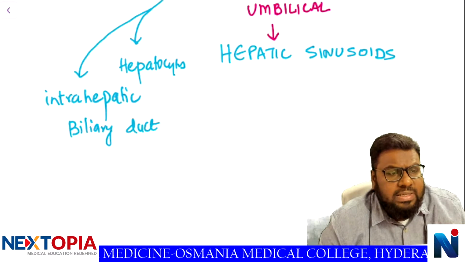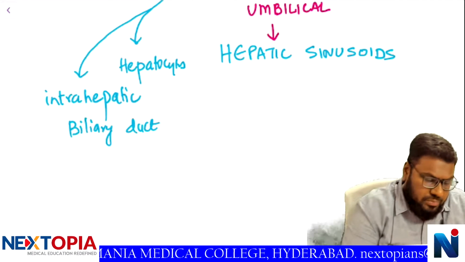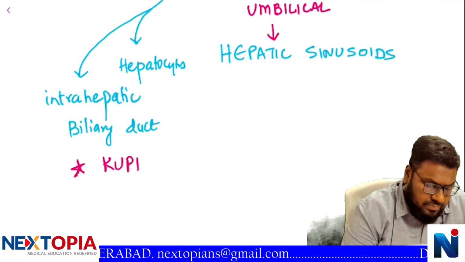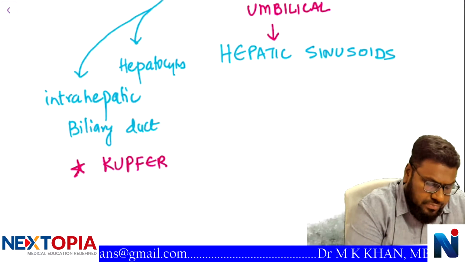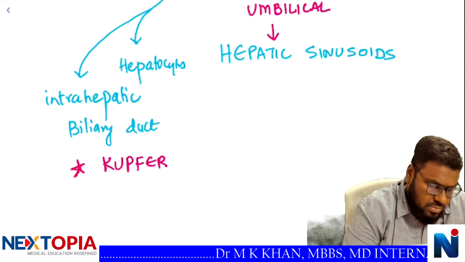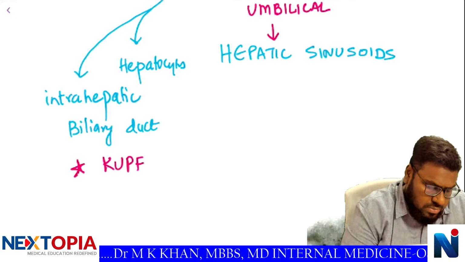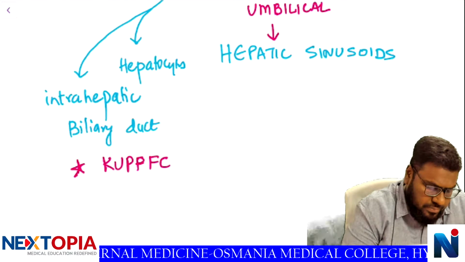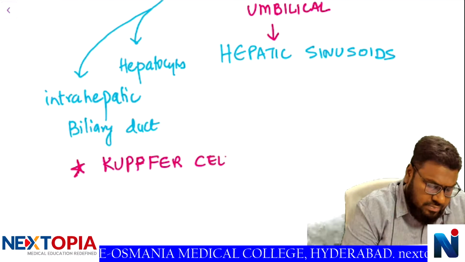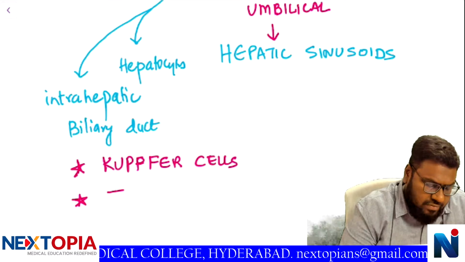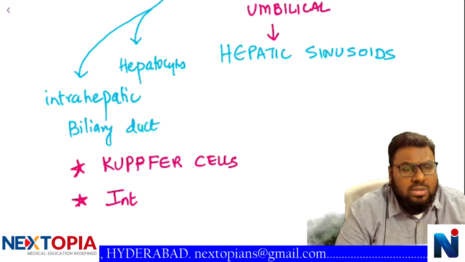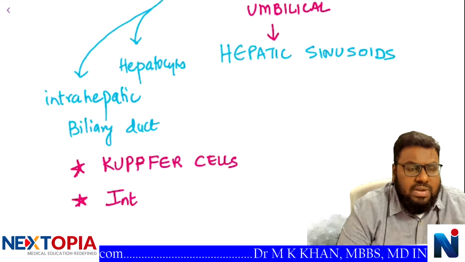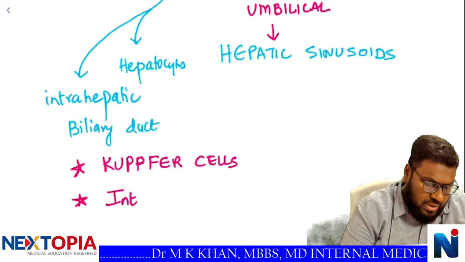Apart from this, we have certain immunologically significant cells of the liver called Kupffer cells. Then we also have the stellate cells, the connective tissue cells or hematopoietic cells.